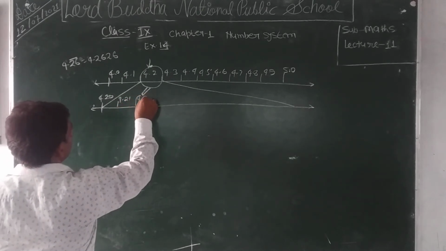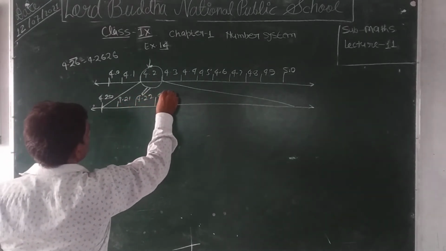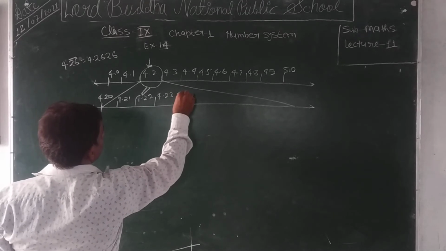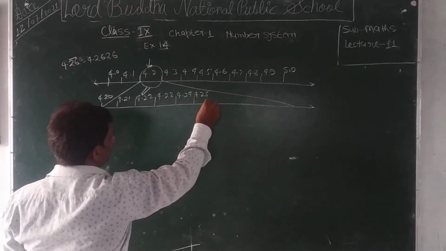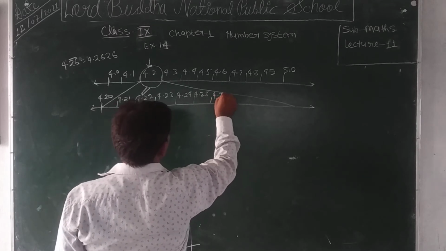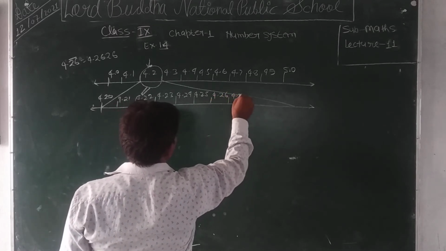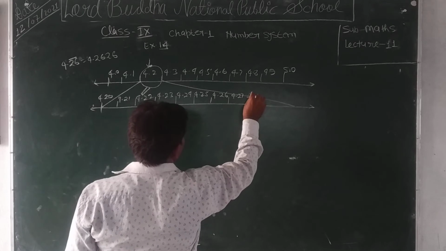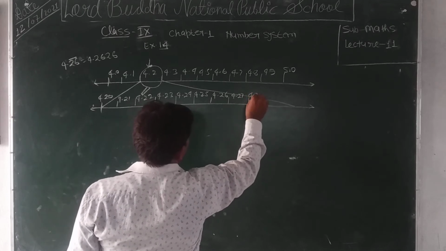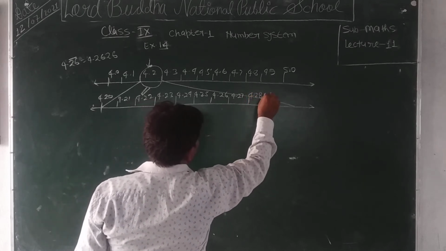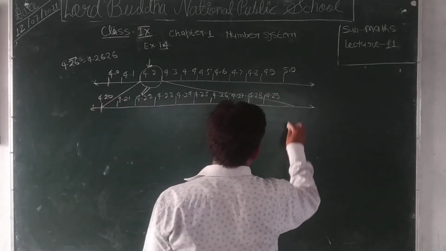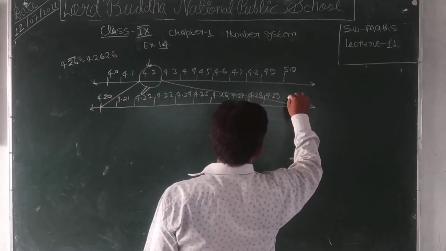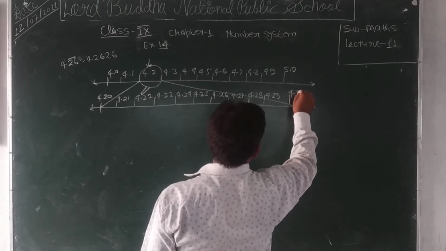Now here is 4.20, 4.21, 4.22, 4.23, 4.24, 4.25, 4.26, 4.27, 4.28, 4.29 and this will be 4.30.